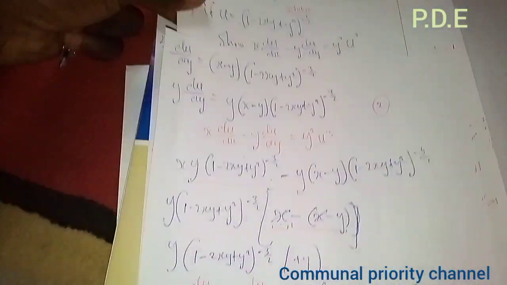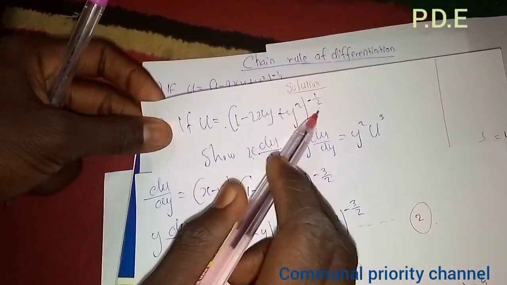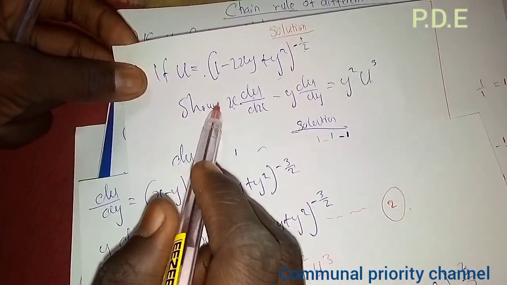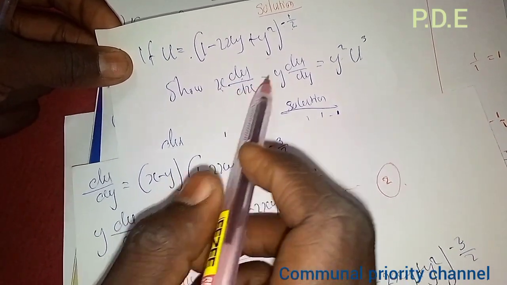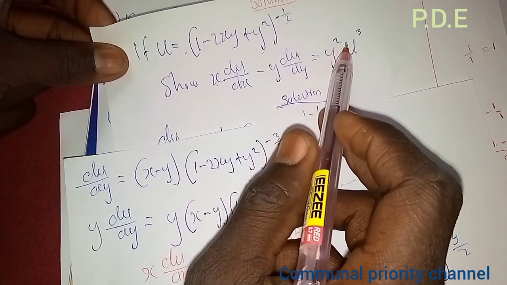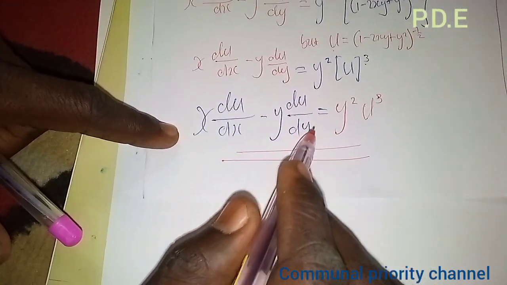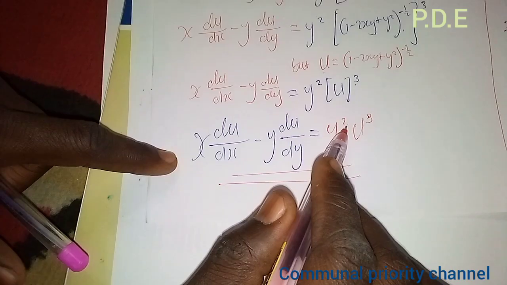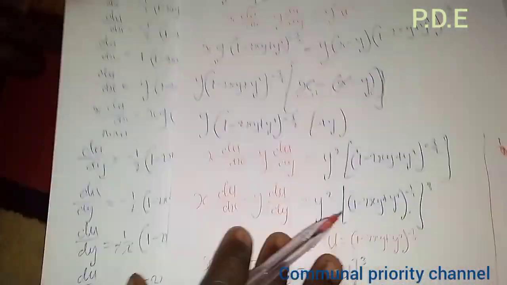And the question also was, if u is equal to 1 minus 2xy plus y squared to the power of minus 1 over 2, show x du over dx minus y du over dy is equal to y square u cube. And we have proved it here. So we are now moving to the next question.